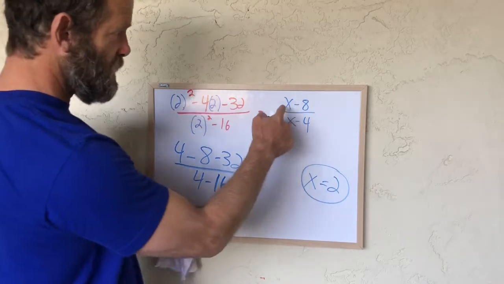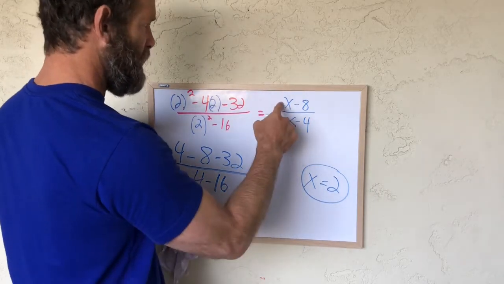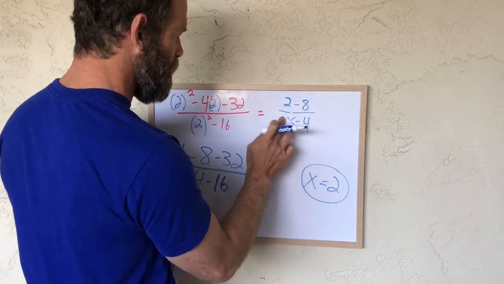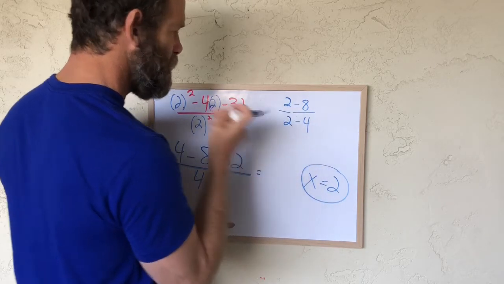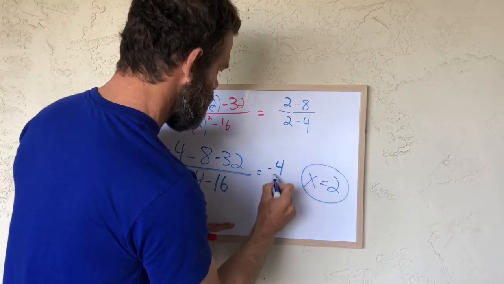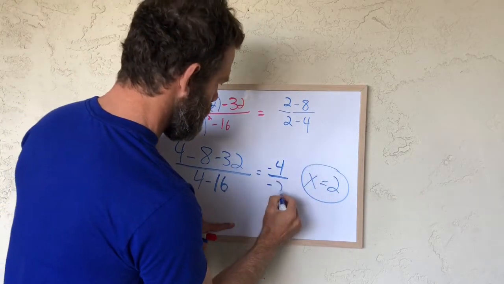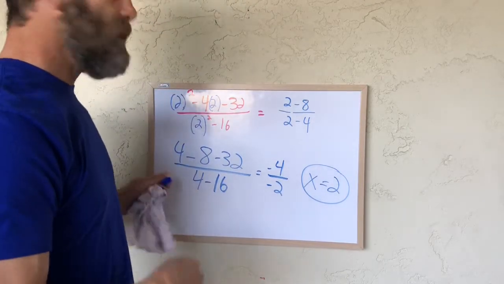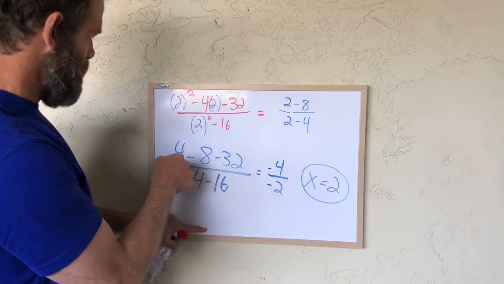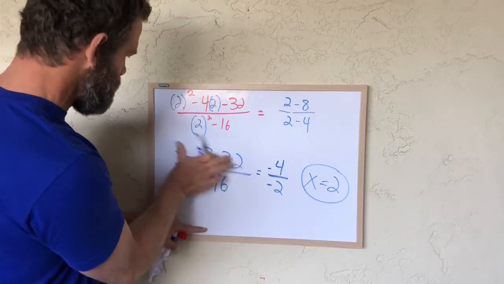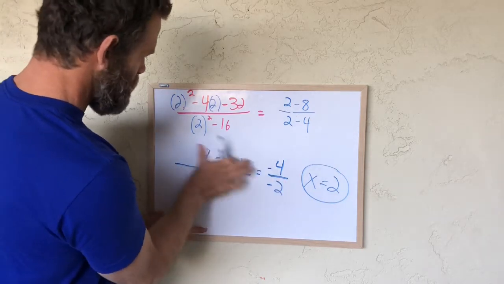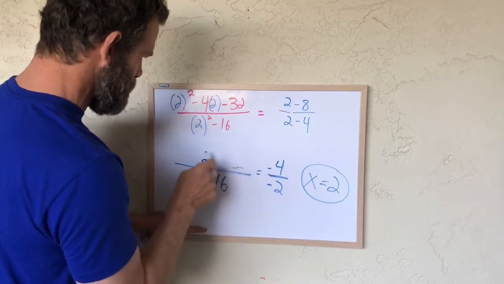Now I'm going to plug a 2 into here also, and I'm going to get 2 minus 8 over 2 minus 4. 2 minus 8 is equal to negative 4 over negative 2. Now when I clean this up, watch what happens. I have 4 minus 8, which is negative 4. Negative 4, minus 32 is negative 36.